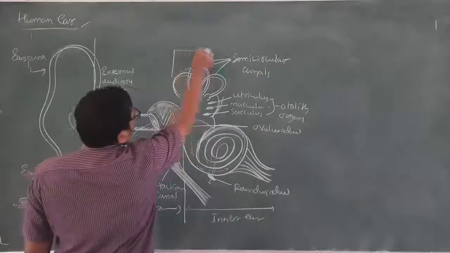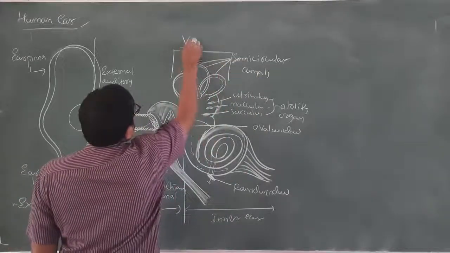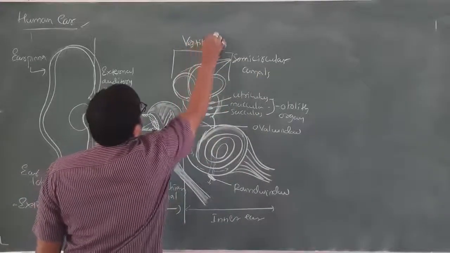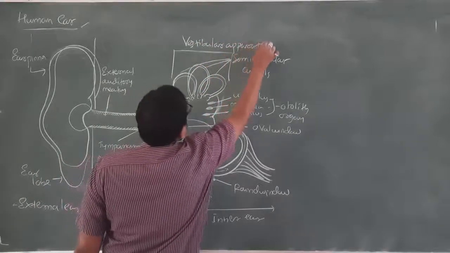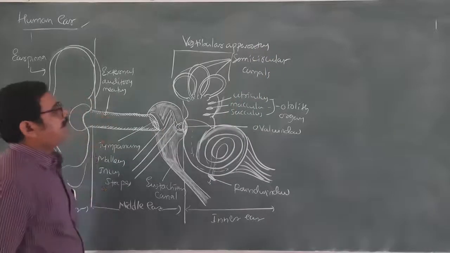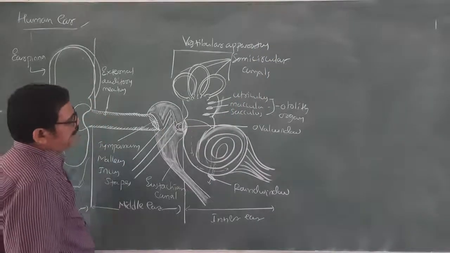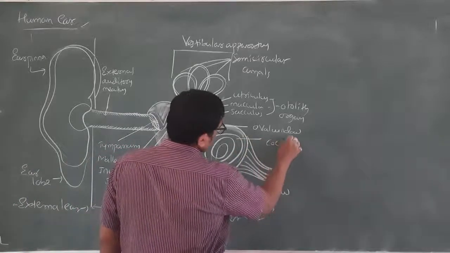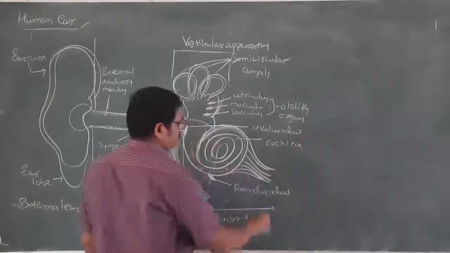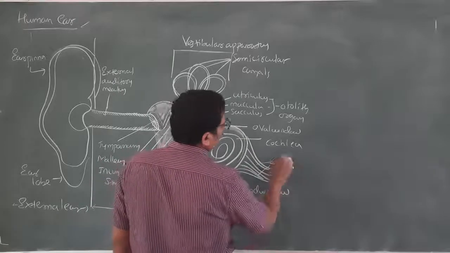So together it is called the vestibular apparatus. Now, here, this is what we call the cochlea, and this is mainly the auditory nerve.